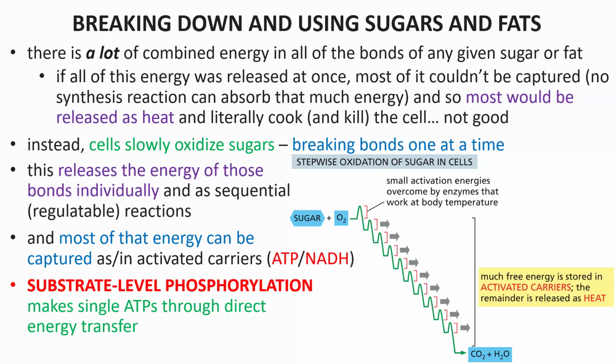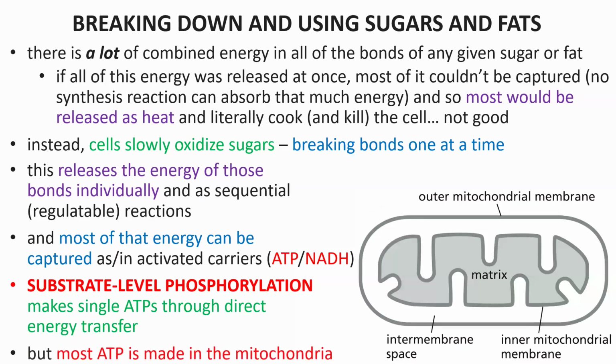It's got a pretty high negative delta G, and that free energy is used to phosphorylate adenosine diphosphate, ADP, to make it adenosine triphosphate. So in substrate level phosphorylation, we're talking about single exergonic reactions that are releasing enough energy to phosphorylate a single ATP. We're basically making ATP one at a time.